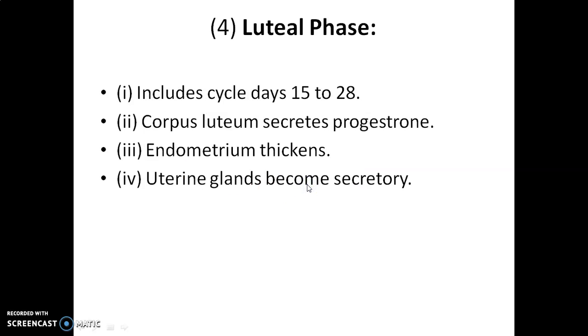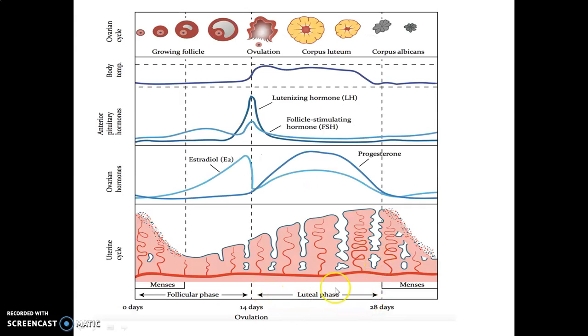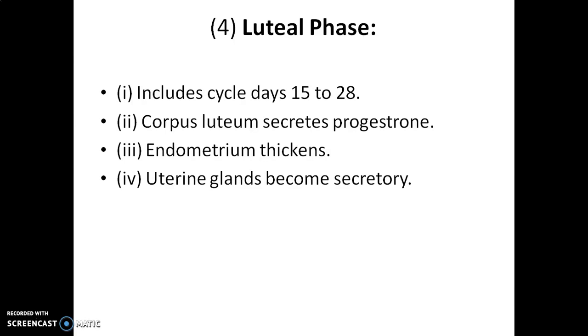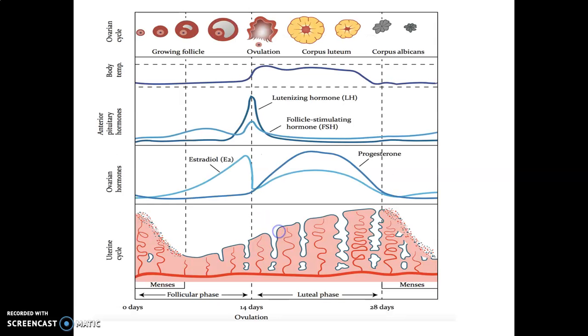Then the last phase is the luteal phase. What is the luteal phase? It includes cycle days 15 to 28. The corpus luteum starts to secrete another hormone, progesterone. The endometrium thickens and the uterine glands become secretory.